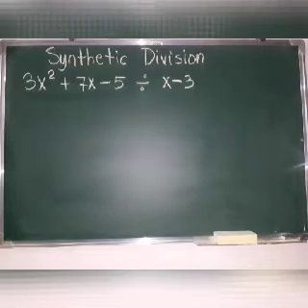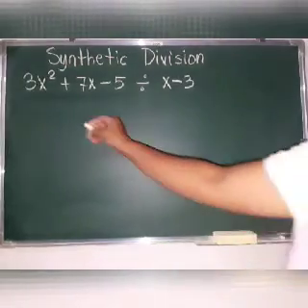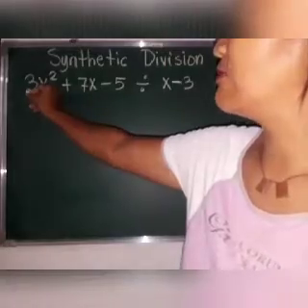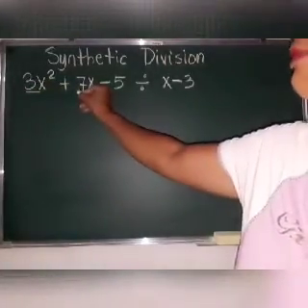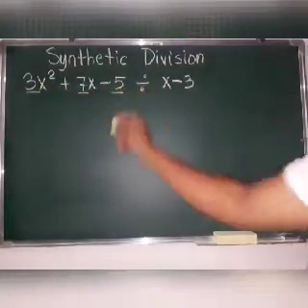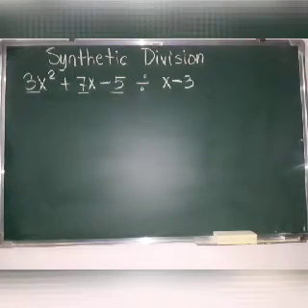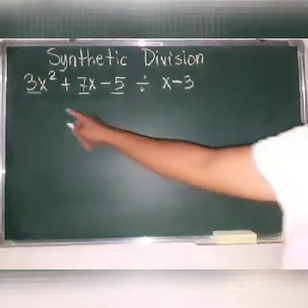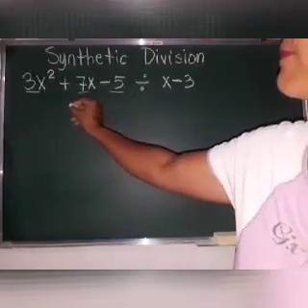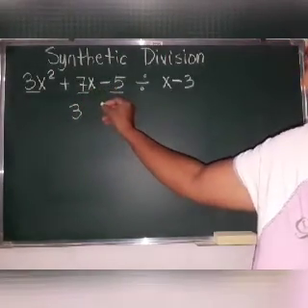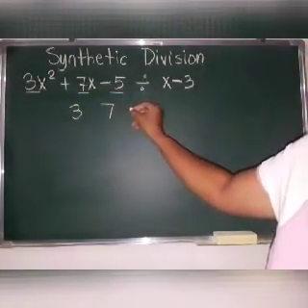So, ang unang gagawin natin ay isusulat natin lahat ang mga numerical coefficient. Pag sinabi natin numerical coefficient, ito yung mga numbers sa ating given expression. So, we have 3, 7, and negative 5.